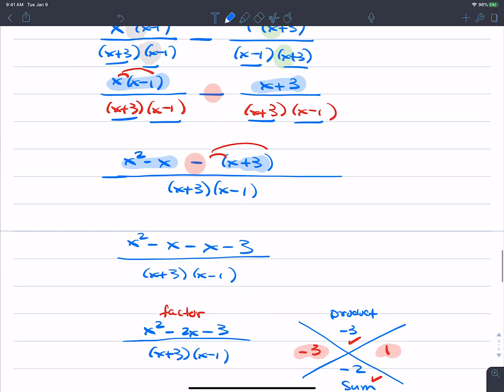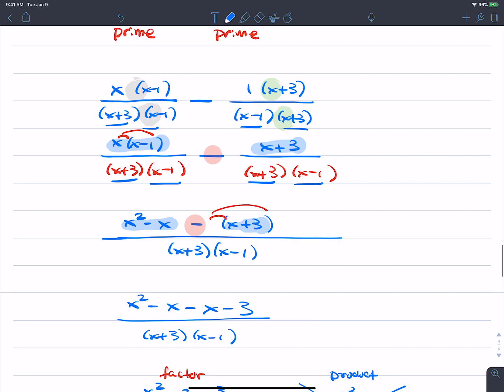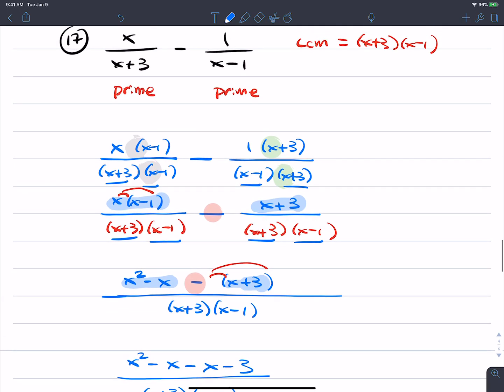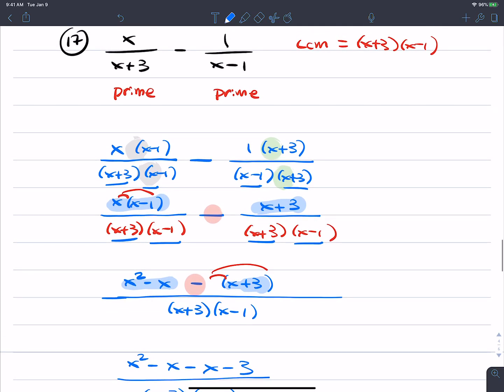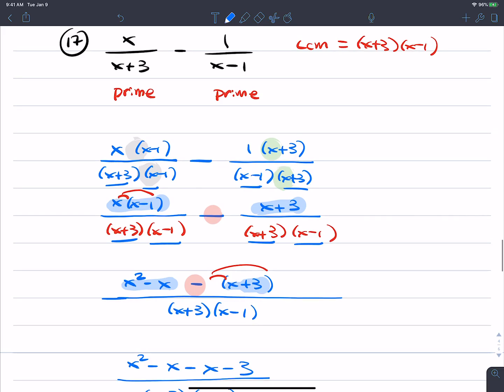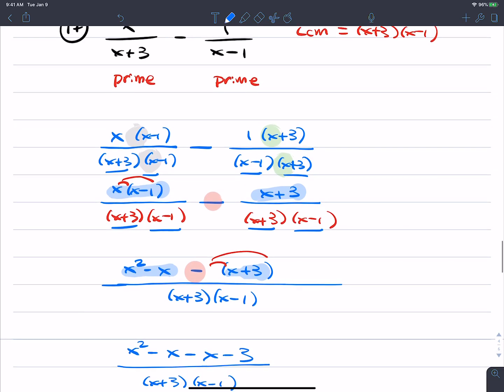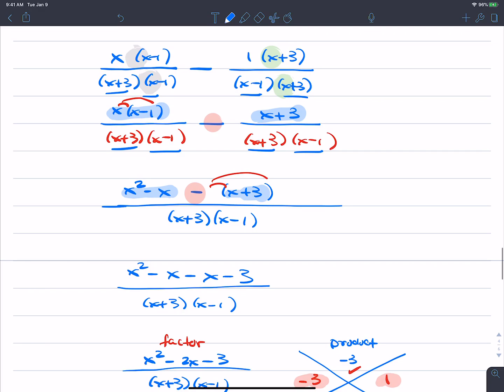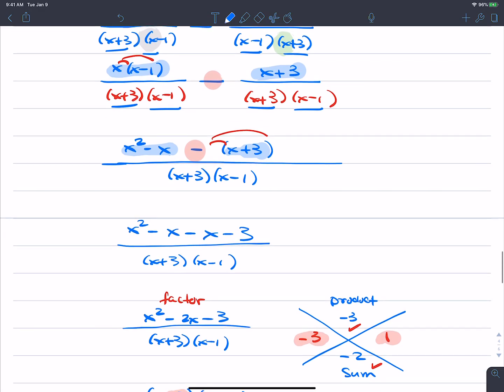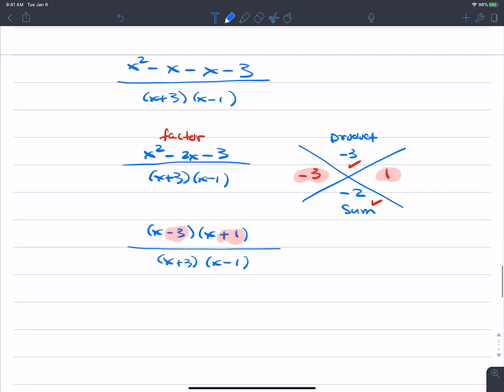So if we double check to make sure all our arithmetic is okay, we have, this is number 17, x over x plus 3 minus 1 over x minus 1. Looks like we're okay. Turns out that this is already simplified.